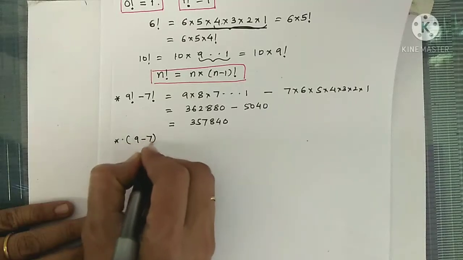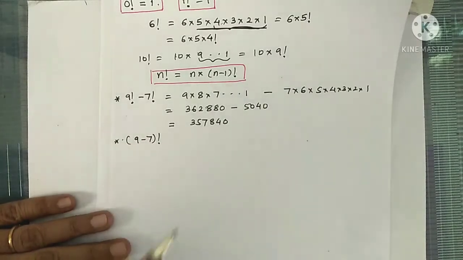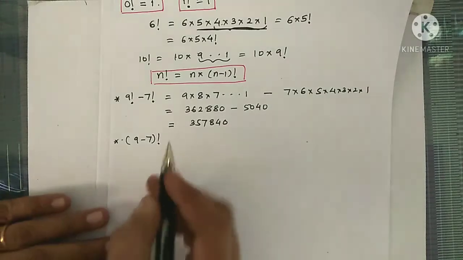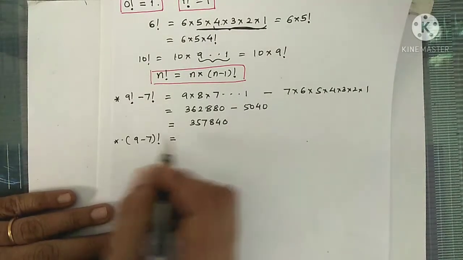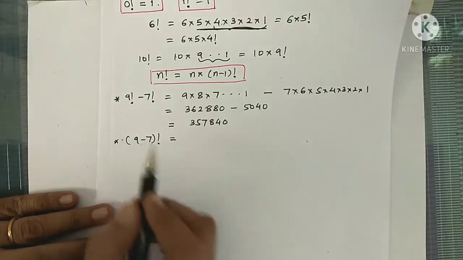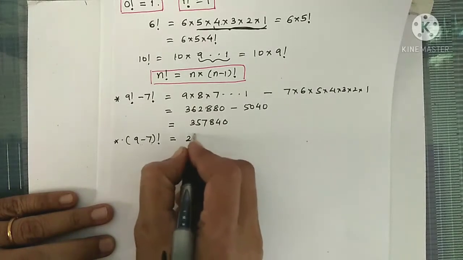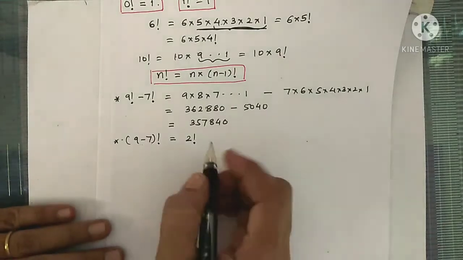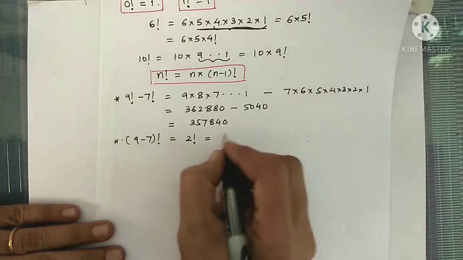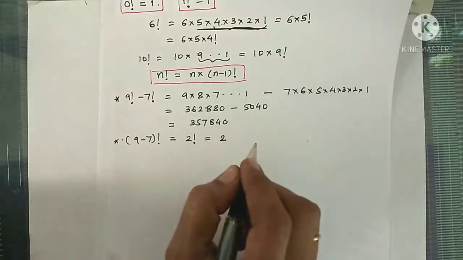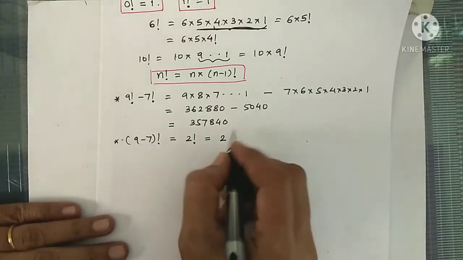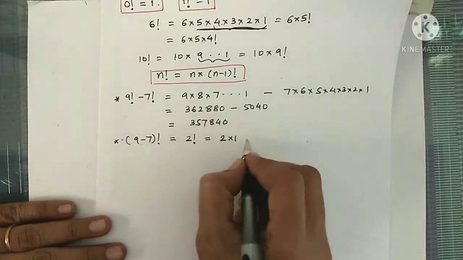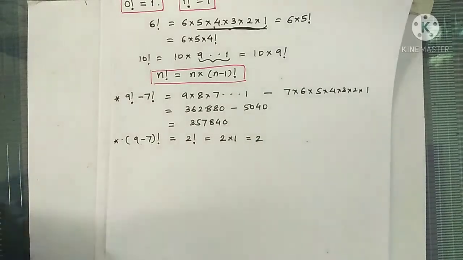Now the second one is (9 minus 7) factorial. See here now, we have a bracket for 9 minus 7. That means what? We have to first find the difference of 9 and 7 and then the factorial. So it is 2 factorial. By the meaning of factorial notation, start with 2, write the numbers in descending order up to 1. So 2, and the next number is only 1. So it is 2 into 1, that is 2.